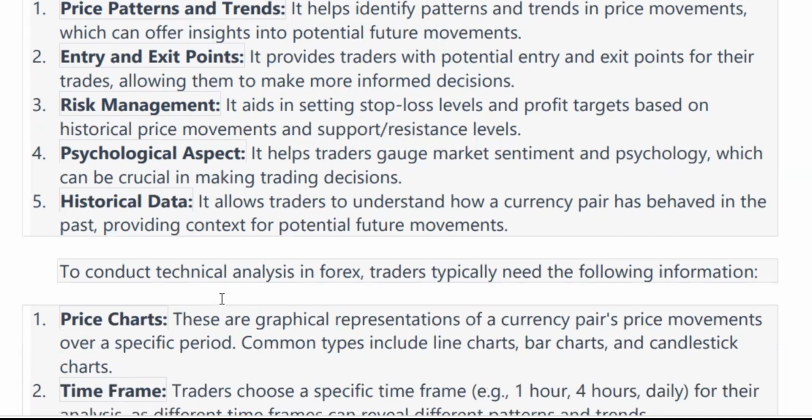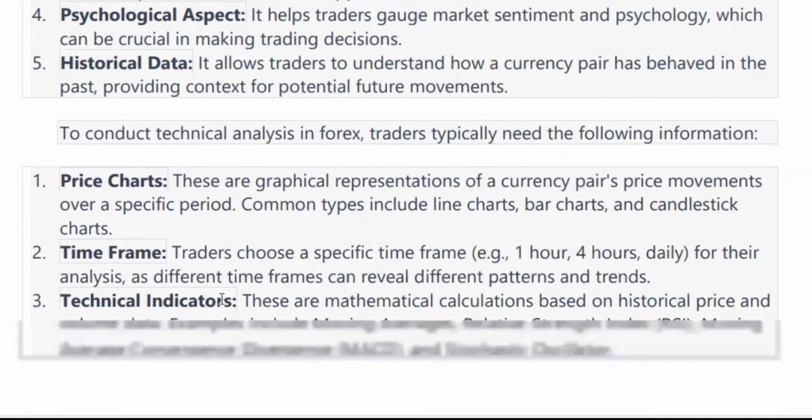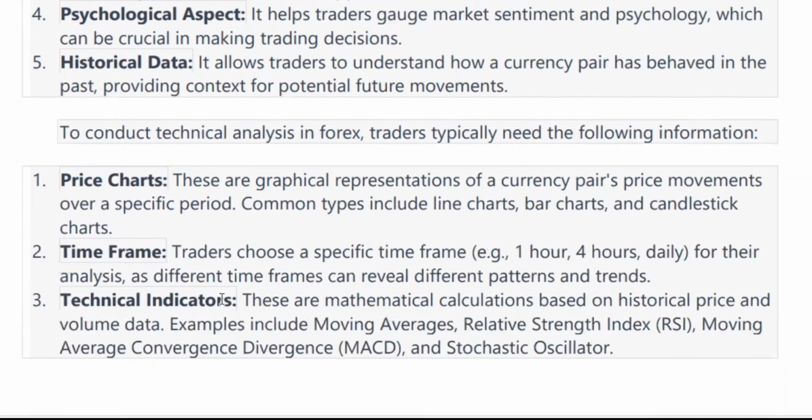To conduct technical analysis in Forex, traders typically need the following information. One, you need price charts, right? These are graphical representations of a currency pair's price movement over a specific period. Common types include line charts, bar charts, and candlestick charts.